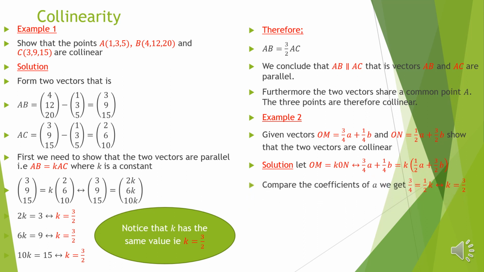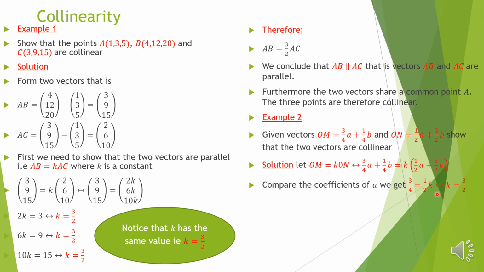Now, once I've done that, I'm going to compare the coefficient of A. We get that 3 over 4 equals a half K. I'm only comparing the coefficient of A on both sides. The coefficient of A here is a half K, and the coefficient of A here is 3 over 4.